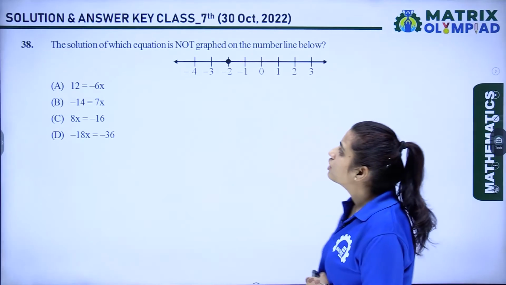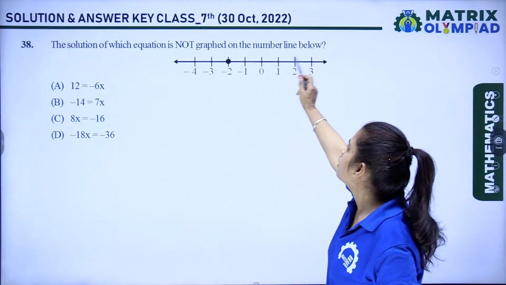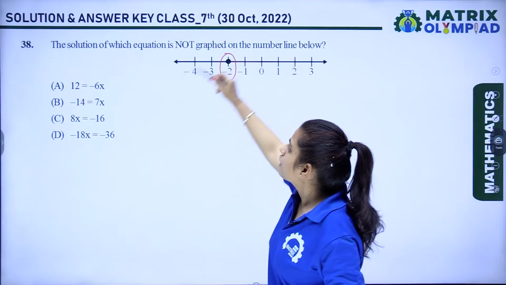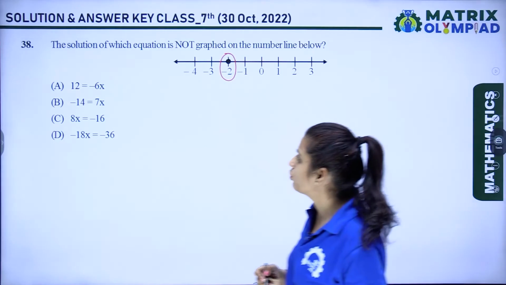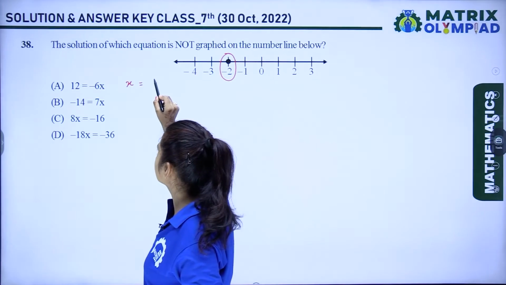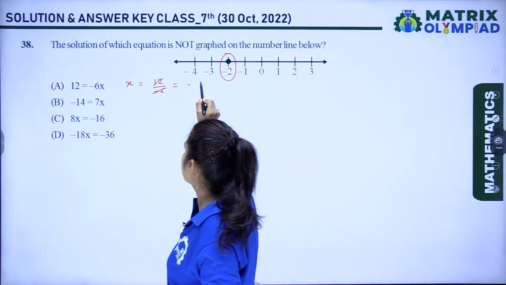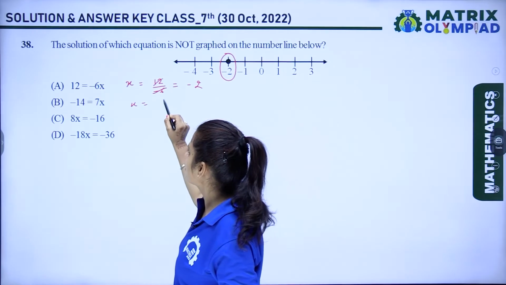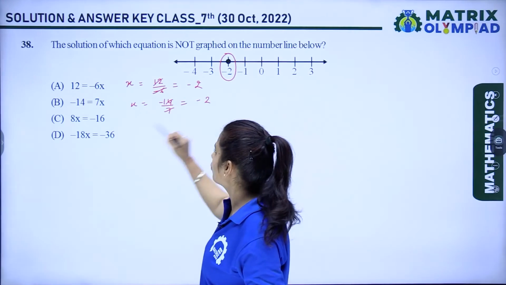Next question: the solution of which equation is not graphed on the number line below. So we have to check in which equation it is not coming -2. Now here let's solve. x is equal to 12 minus 6... that is equal to -2. x is equal to minus 14/7, that is equal to -2.